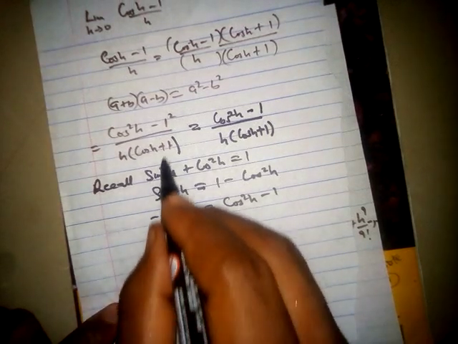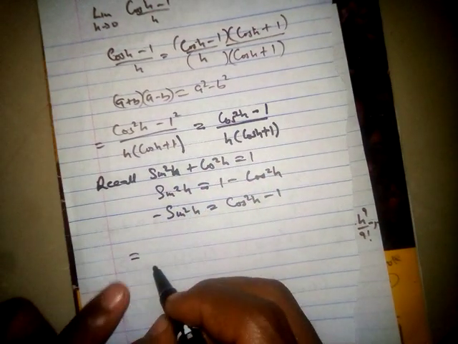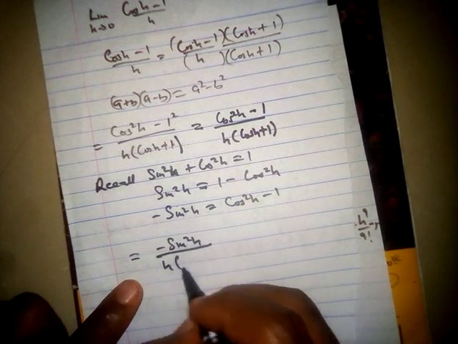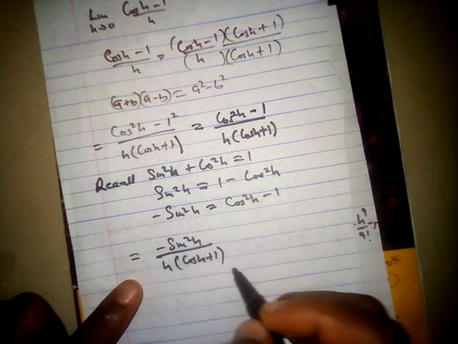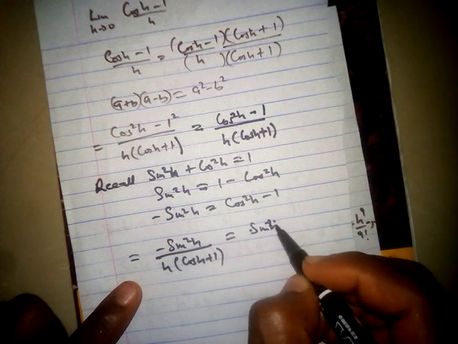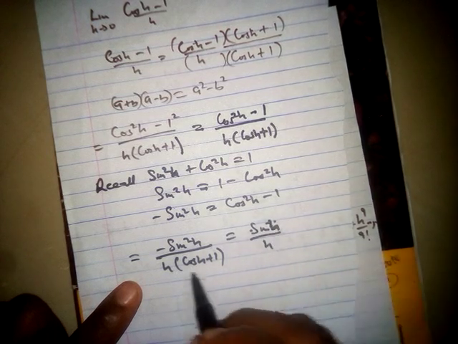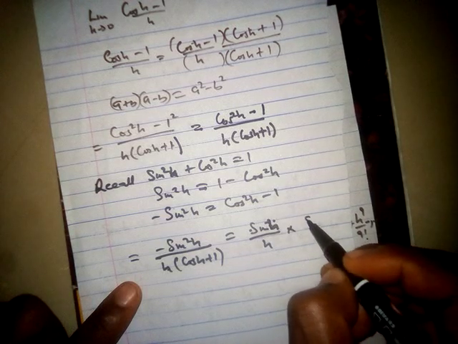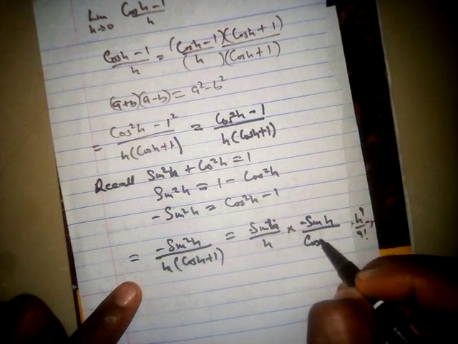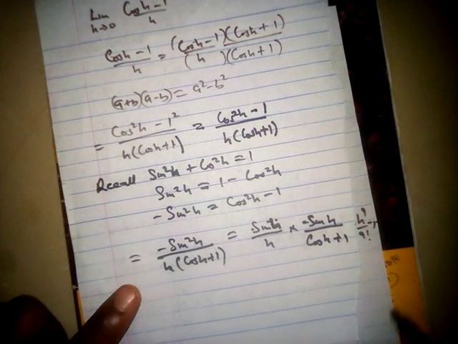This is equal to minus sine squared h all over h times (cos h plus 1). I can split it: sine h over h times minus sine h all over cos h plus 1.